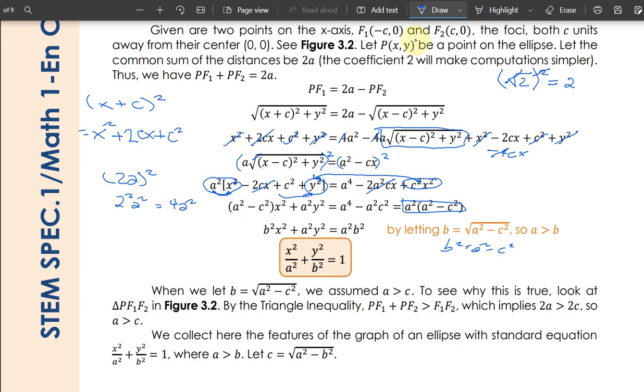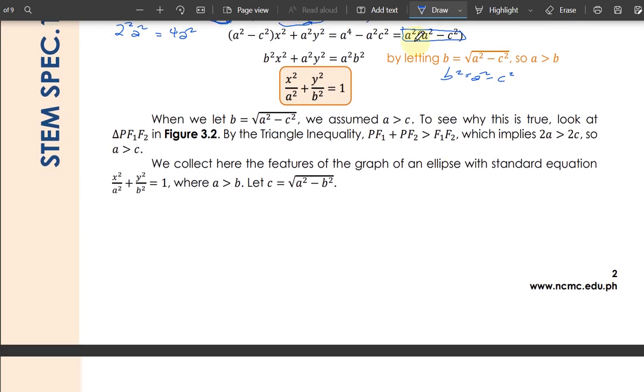And remember that b here is equal to the square root of a squared minus c squared. We assume that a is greater than c. A is always greater than c, and a is also greater than b. A is larger compared to b, so there is always a dominant one.